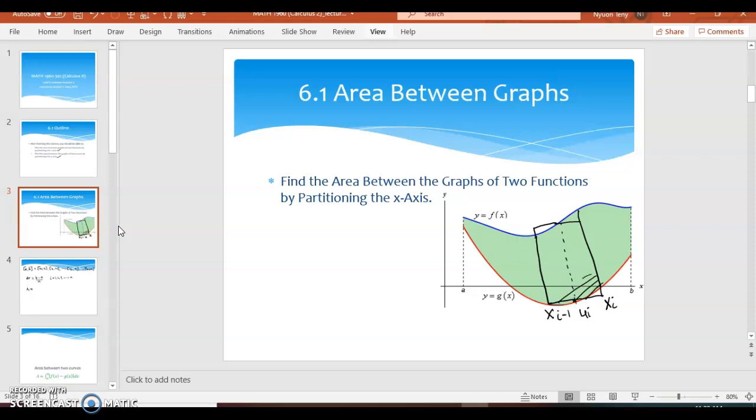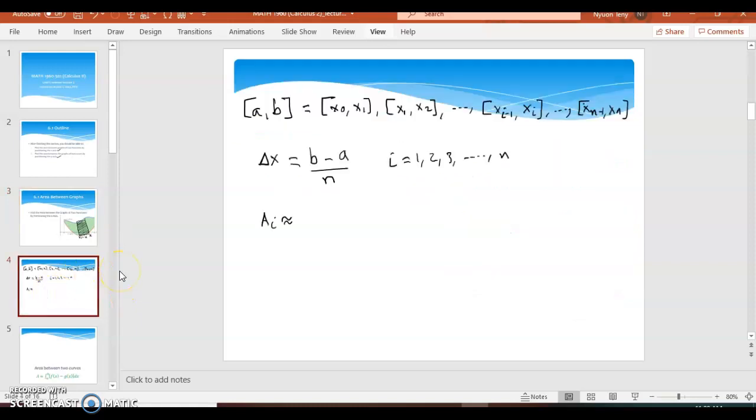This area is not exactly the area of A of I, but it's an approximation of the area of the A of I subinterval. How do you find the area of a rectangle? Area of a rectangle equals width, which is delta x, times length. Length is determined by f of u of I minus g of u of I.